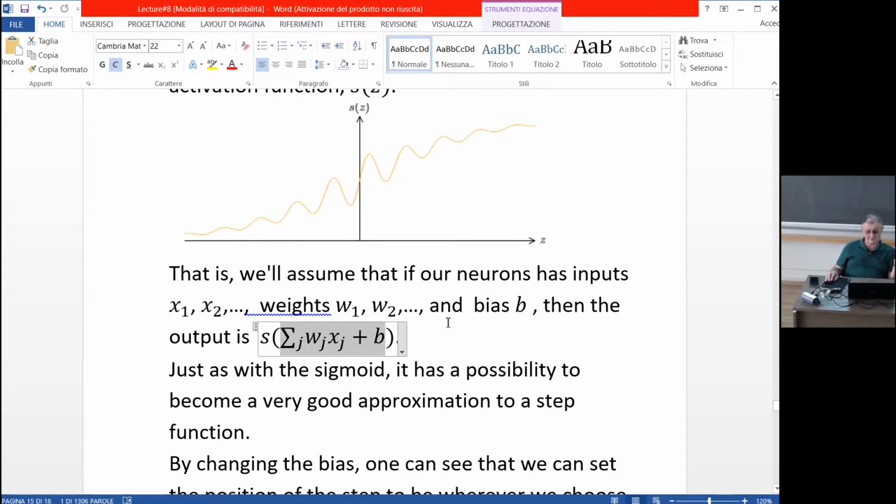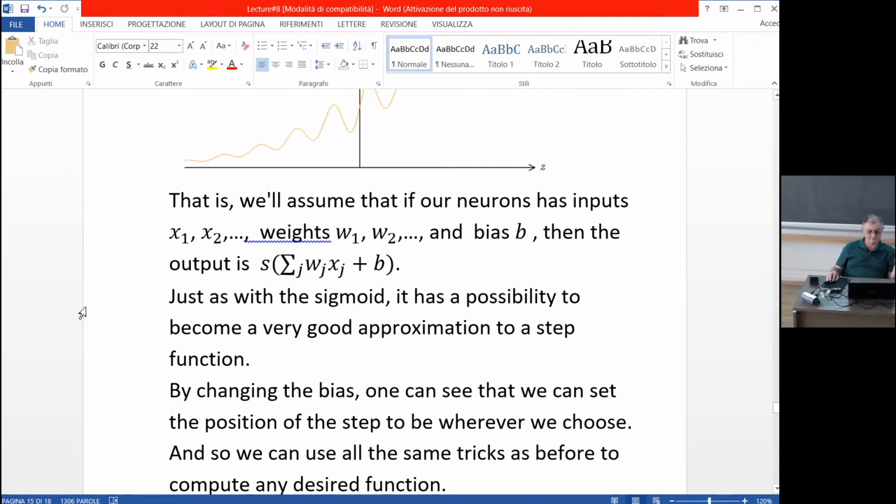So in this situation, our neuron is no longer a sigmoid neuron, but a neuron with some activation function S. Just as with the sigmoidal function, there is a possibility to get a very good approximation to a step function.